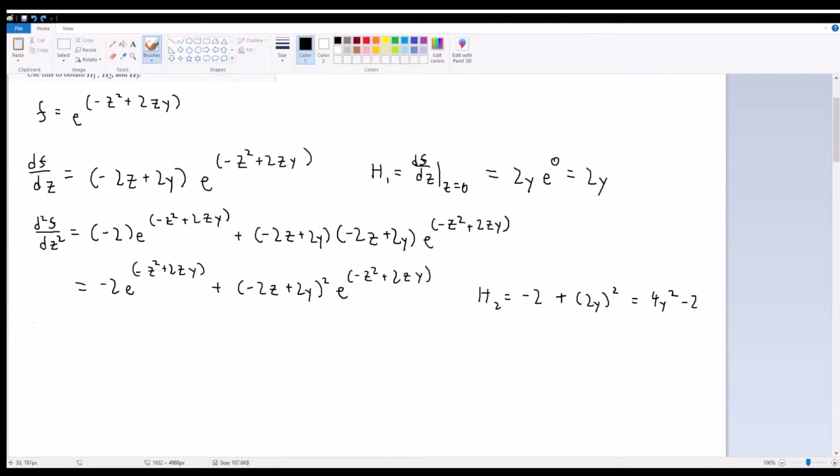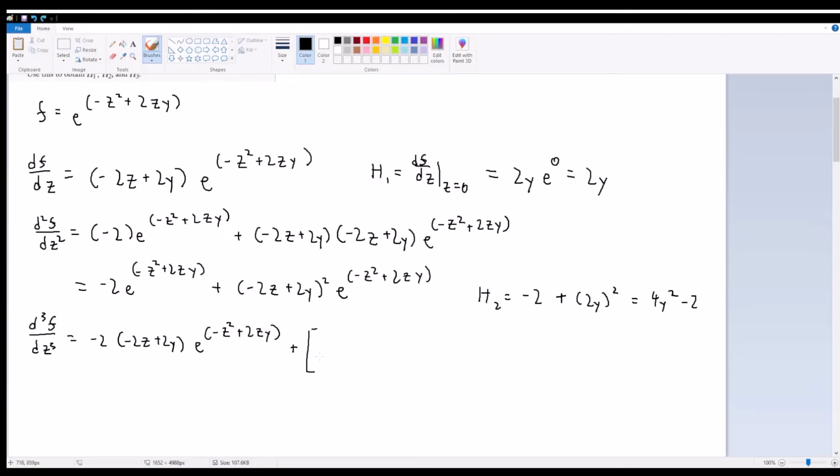So this is the painful one, d^3f/dz^3. This is going to give us negative 2 multiplied by negative 2z plus 2y times e to the power of negative z squared plus 2zy. And then we have this horrible product rule thing that we have to do. We have the derivative of this first multiplied by the exponential.